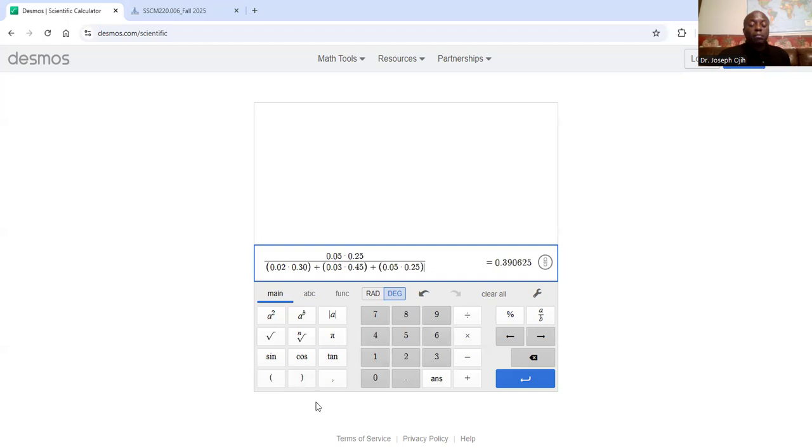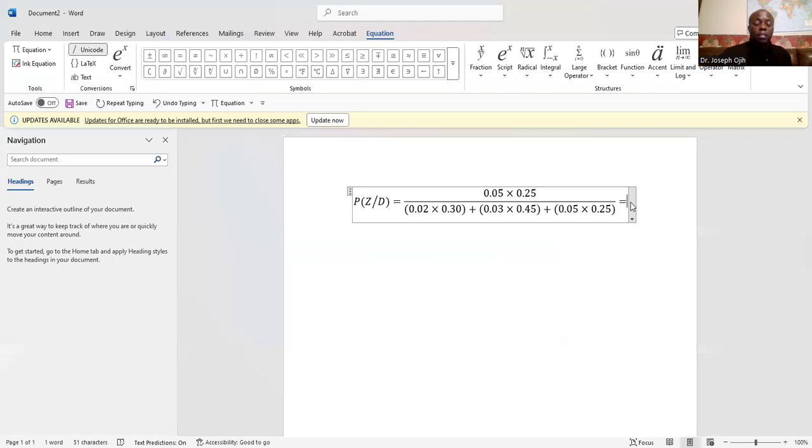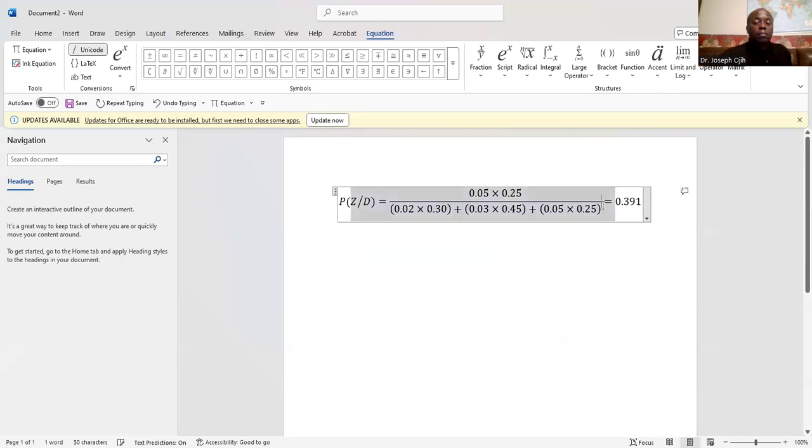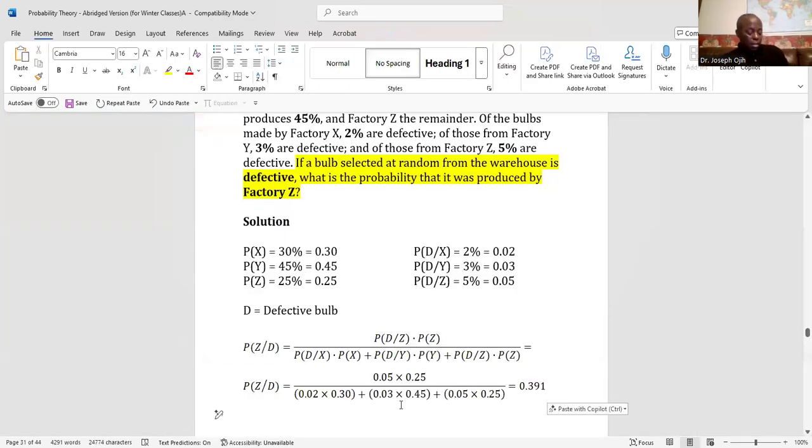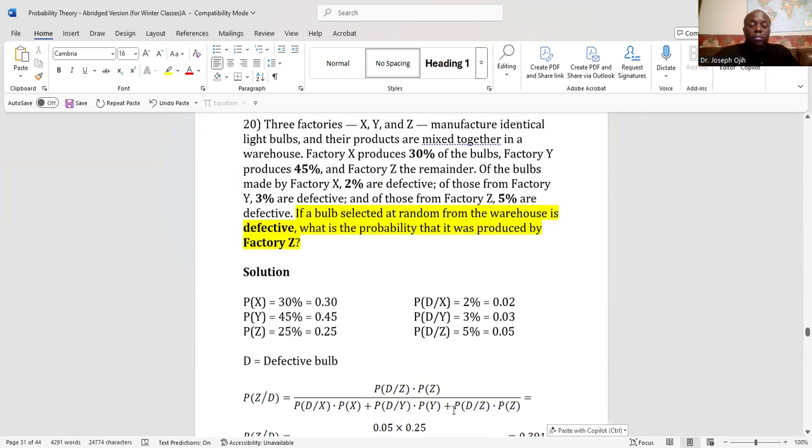We get 0.391. Rounded, 0.391. So I'm going to copy this and paste it into our main workbook. Questions on this? Any question?